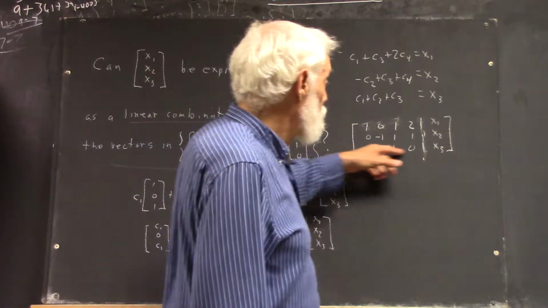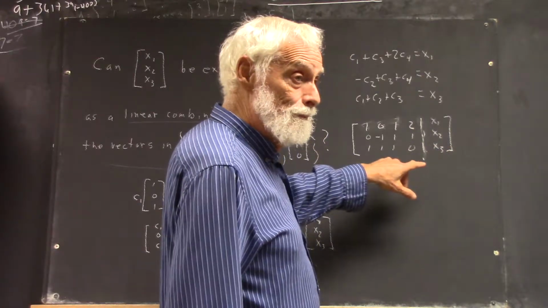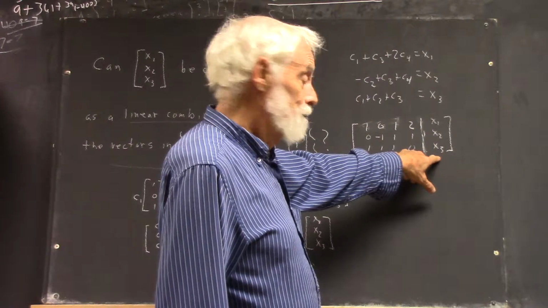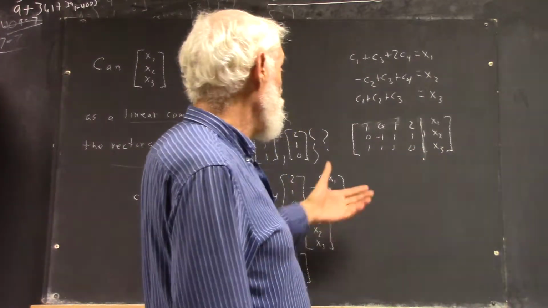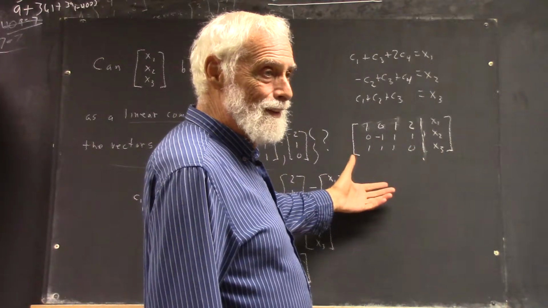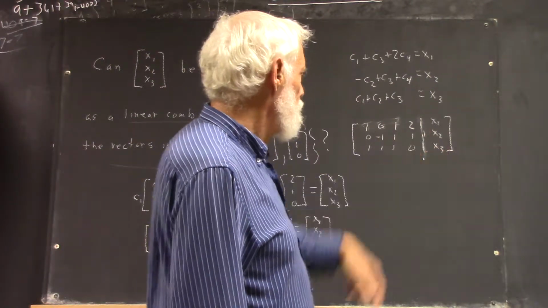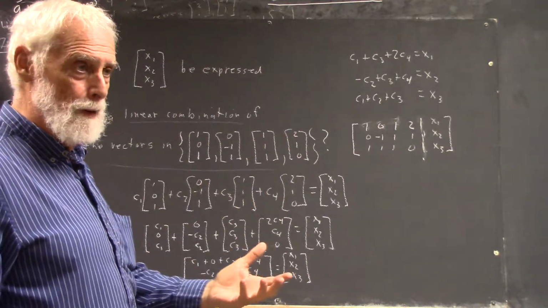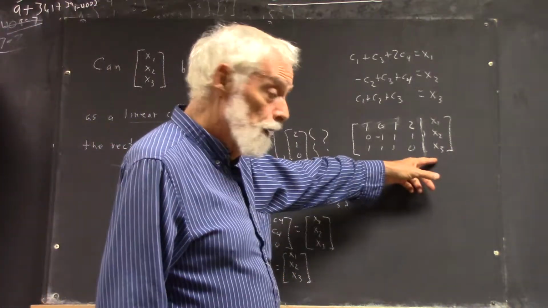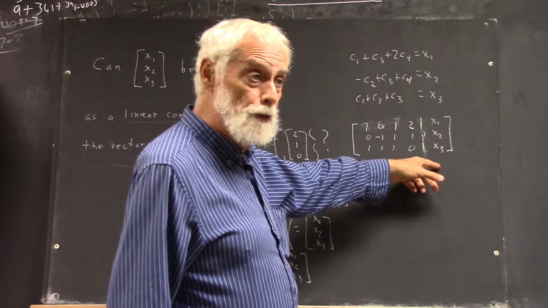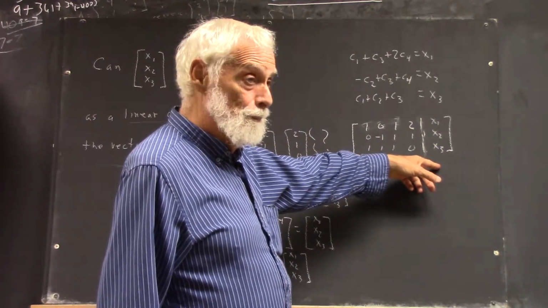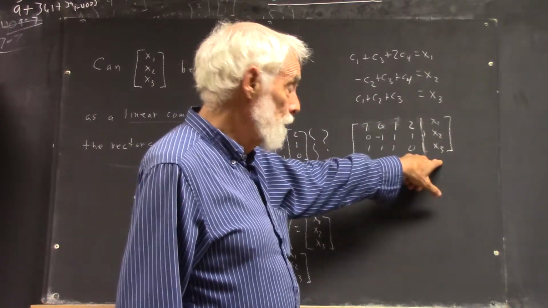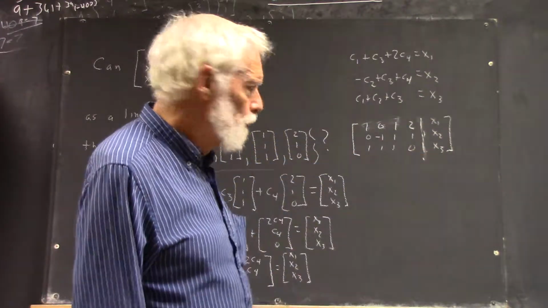Unless the whole row is zeros, which would mean x3, or whatever is over here, has to be 0. We can't assume that because x1, x2, and x3 could be anything, and whatever we end up with over here is a combination of x1, x2, and x3 that doesn't have to be 0. So if we have a row of zeros equals some combination of these, we know there's no solution.